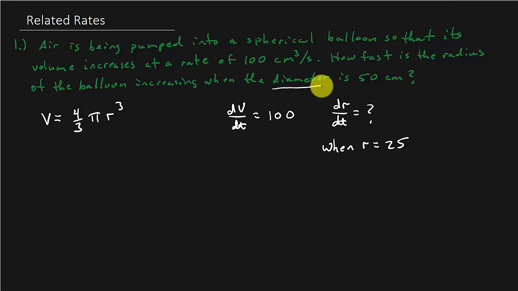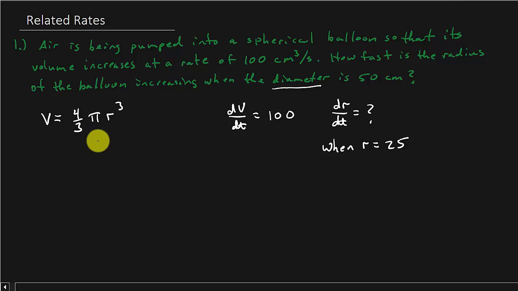Now all we have to do is take the derivative of this with respect to t. I get dV/dt is equal to, remember the 3 comes down, so 3 times 4/3 is 4 pi r squared times dr/dt.